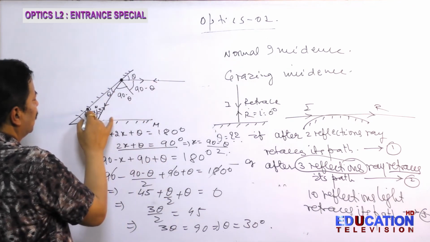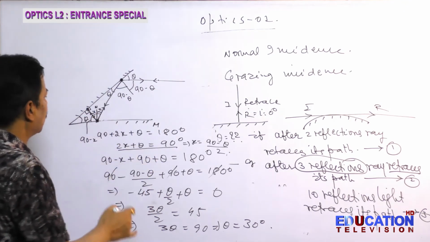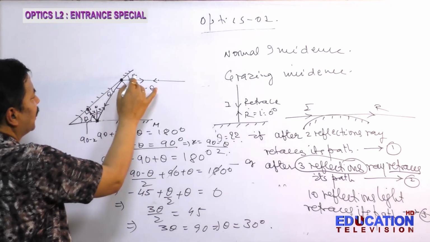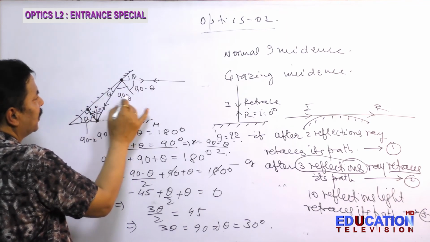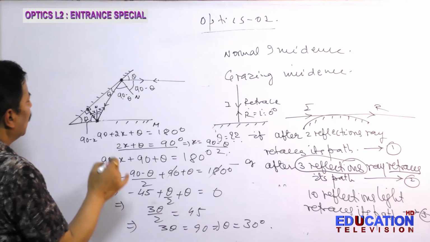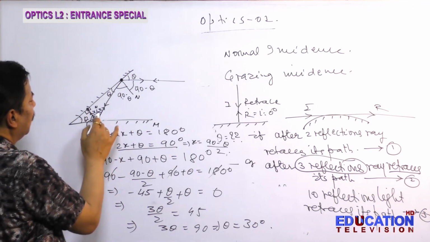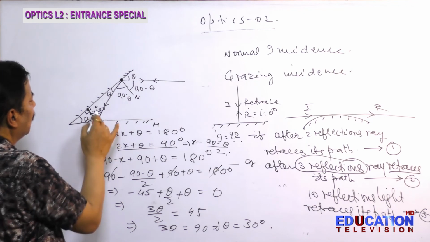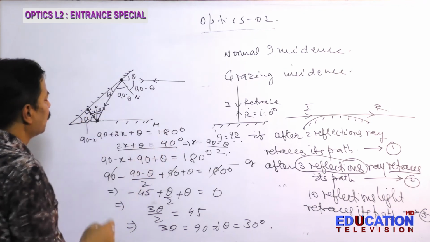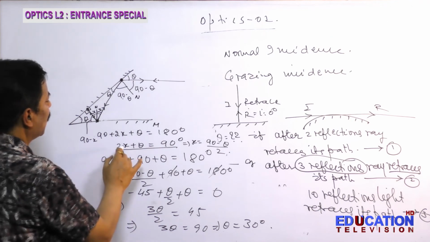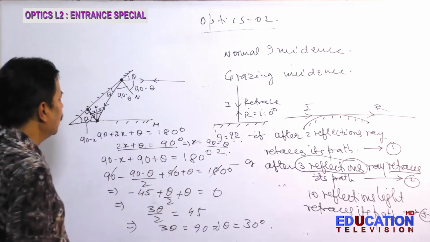It is retracing its path because it is falling in normally. This angle is theta, so this angle is also theta. This is 90 minus theta, this is 90 minus theta, so this angle is again theta because this is normal. Now if I take this angle as x, then x plus 90 plus theta, that is 90 plus 2x plus theta, is equal to 180 degree. That means 2x plus theta is equal to 90 degree, so x is equal to 90 minus theta by 2.